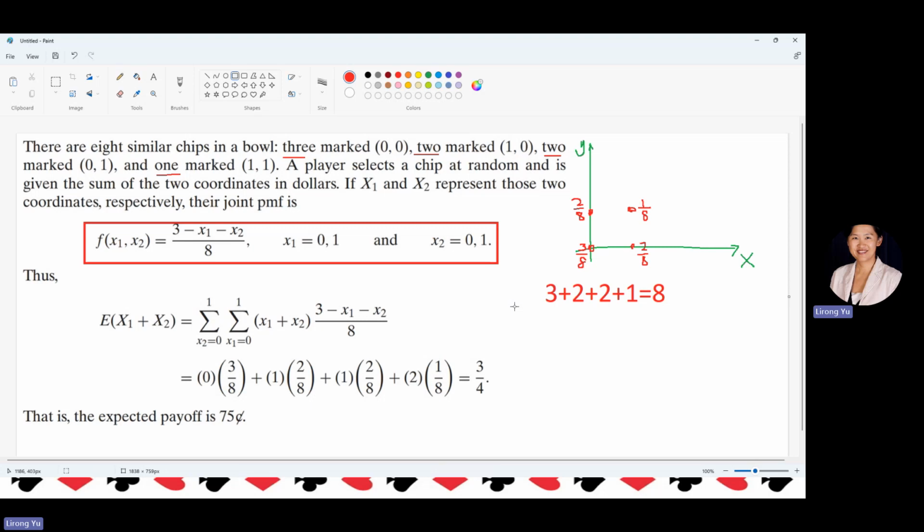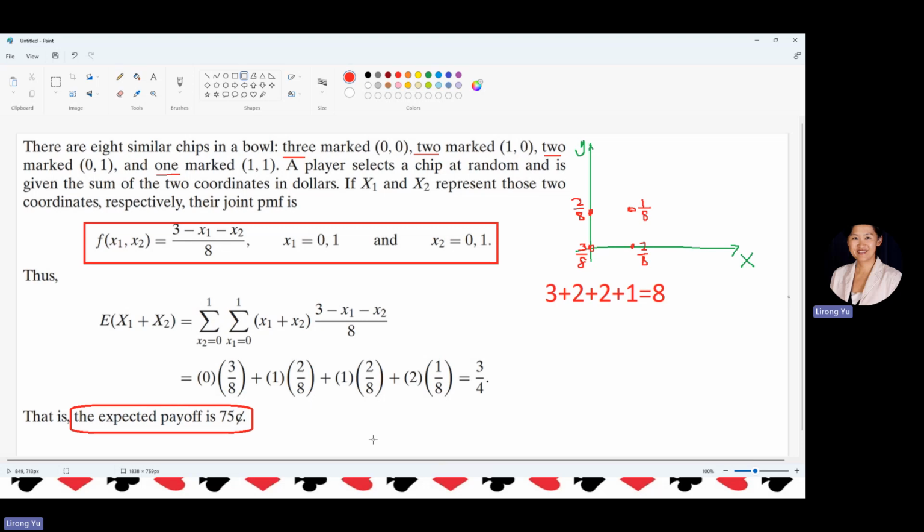Okay. So now we want to look at the question. Now we have a probability. What is the question? The question is, we want to calculate the expected payoff. So on average, how much do we get paid playing this game, right? So obviously the probability to be paid $0 is 3/8.